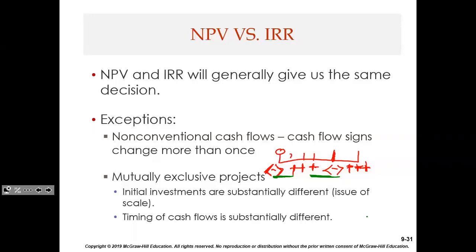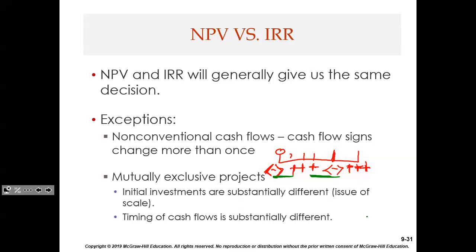The other time that we have issues with internal rate of return is if we have mutually exclusive projects. Now, what do we mean by that? Well, generally we have two types of projects. We have independent projects and mutually exclusive projects. Independent projects are where we have enough cash and resources and assets to where we could accept project A, we could accept project B, we could reject both, we could take one or the other or accept them both, okay?